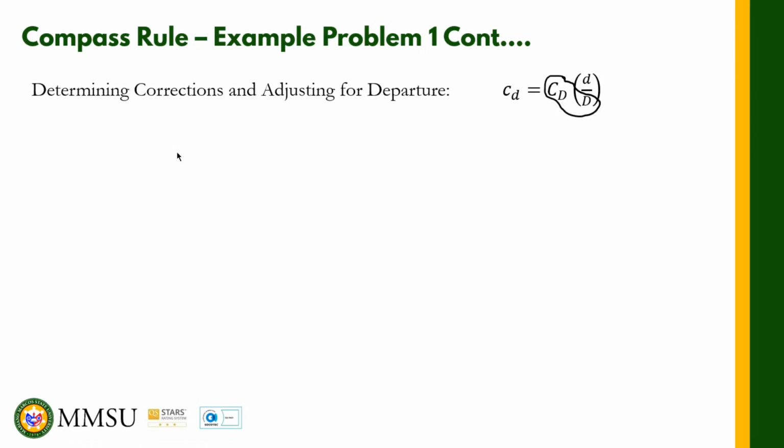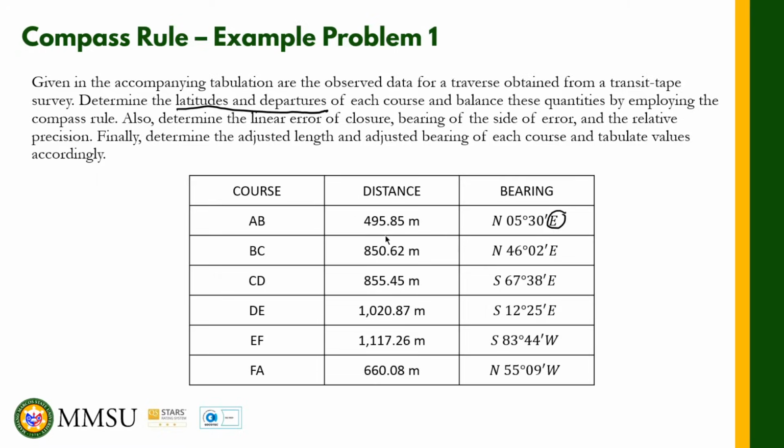Okay? So, now, we can compute for the correction AB. Correction AB is just equal to this one. So, 18.08 tapos distance AB. Nasaan na yung distance AB natin? Ito, distance AB is 495.85.